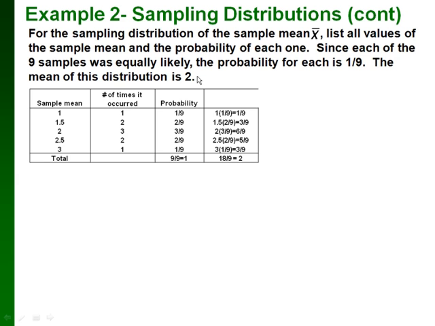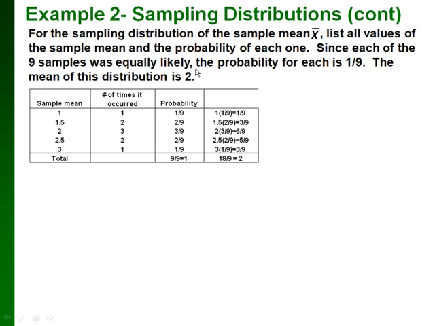Then since each of those samples was equally likely, our probabilities are just 1/9 times the number of times that sample mean occurred. So here's our probability distribution for our sample mean. If we want to find the expected value for our sampling distribution, this is just like what we did in Chapter 5. Our expected value for this sampling distribution would be 2.